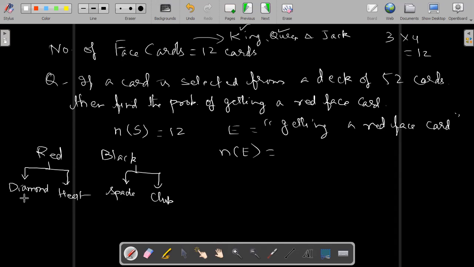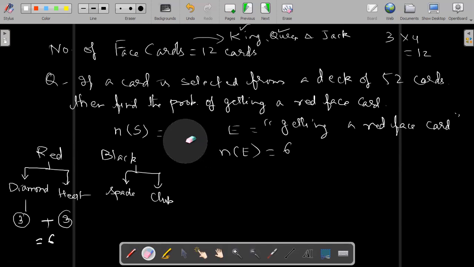So diamond will have three red face cards, king, queen, and jack. Heart will also have three face cards. So three plus three is six. So the total number of red face cards is six. Not 12, sorry, the total number of possible outcomes will be 52 because we are always taking from 52 cards.